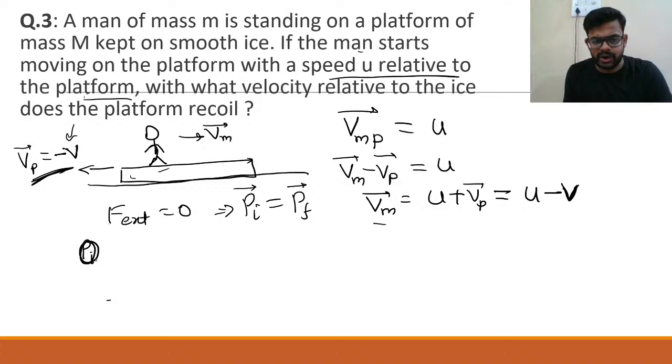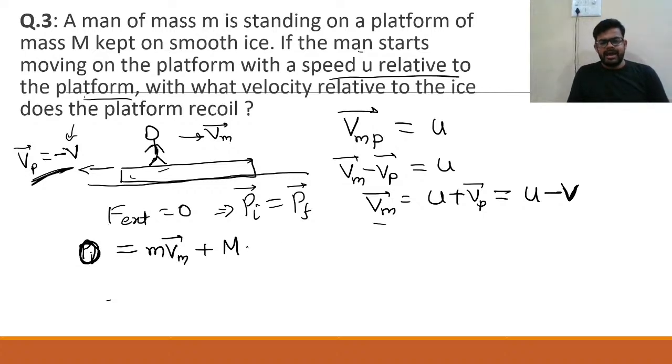So zero will be equal to final momentum, that is, mass of man, small m, into Vm vector, plus mass of the plank, capital M, into Vp vector. I have just applied the conservation of momentum principle.